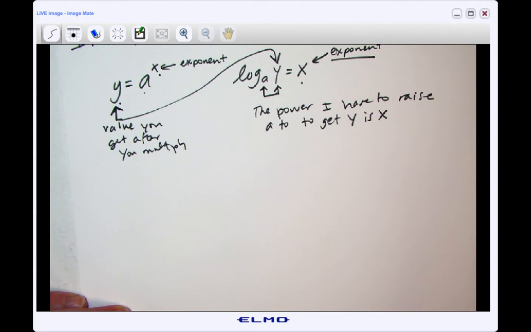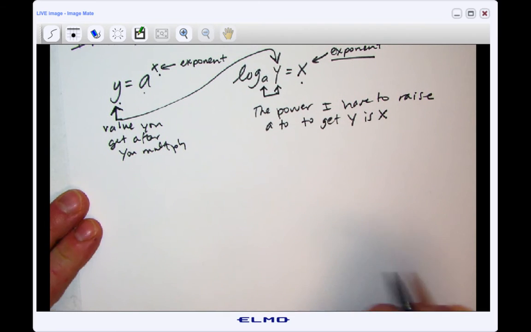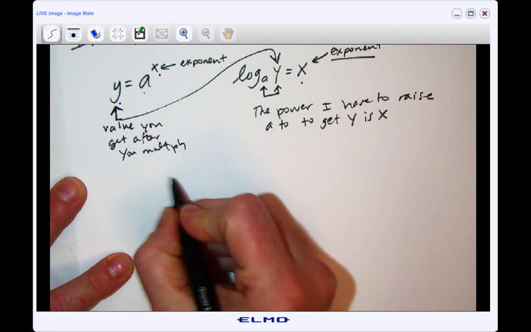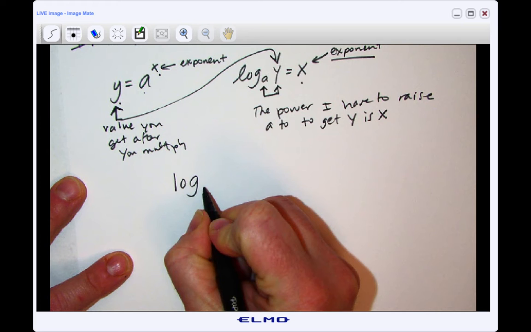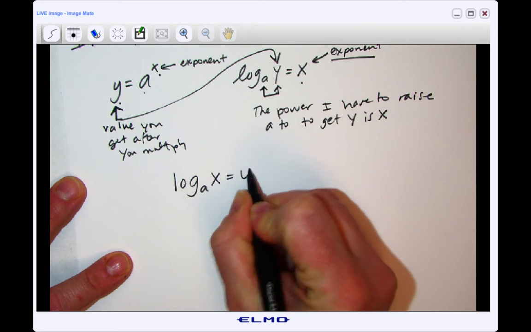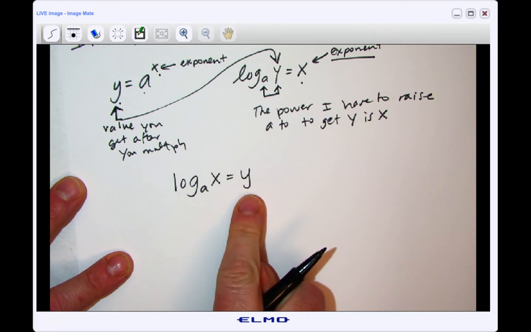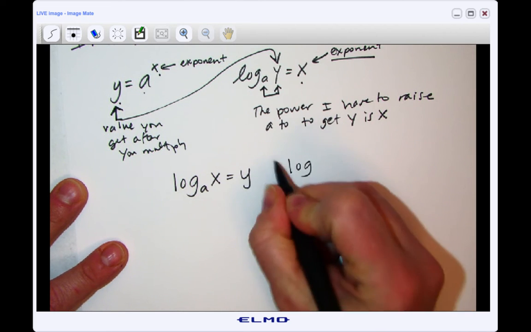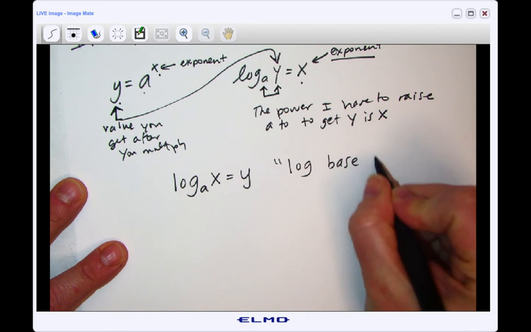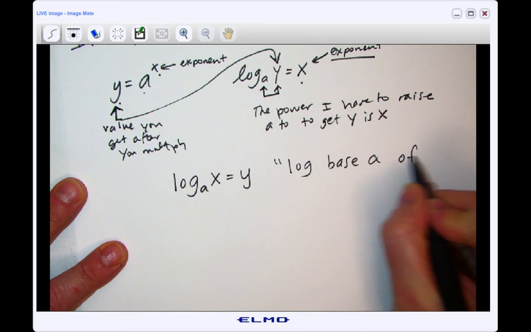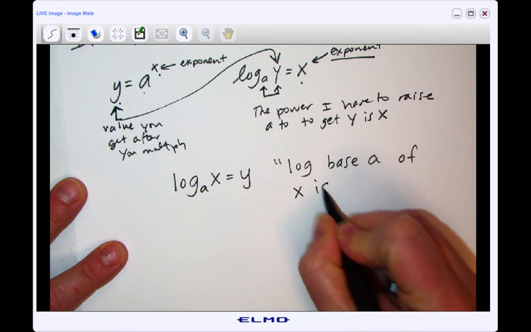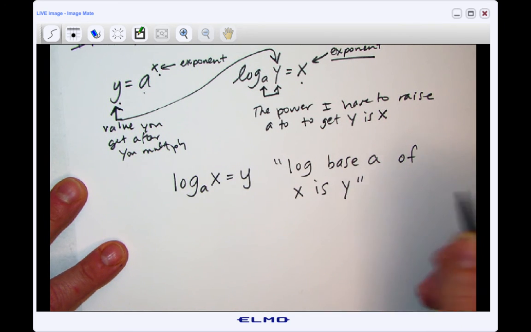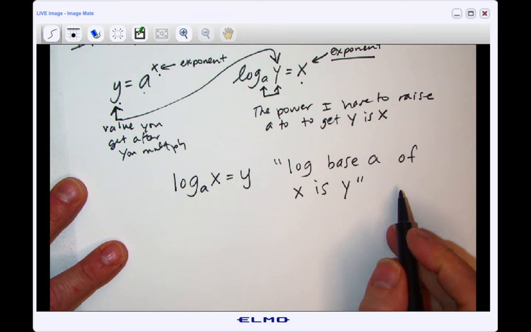So let's take a look at a couple of these so that we can understand what we're talking about. If we're looking at this one, I'll write it this way because this is the way we usually see things, set equal to y. The way that we read this says log base a of x is equal to y.